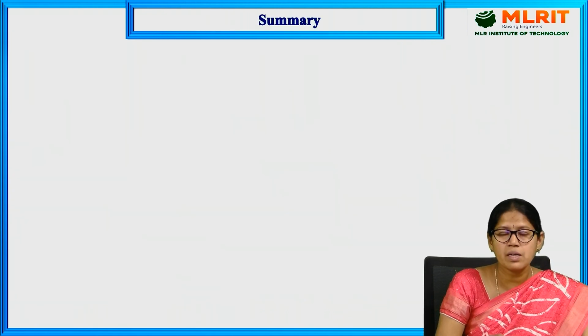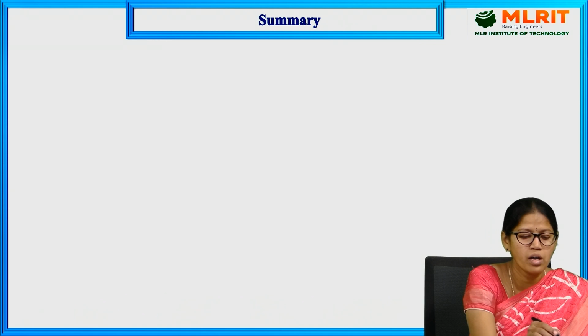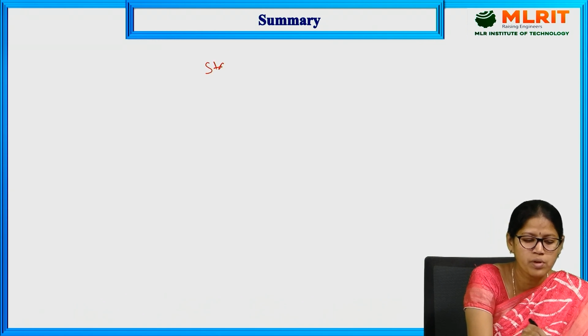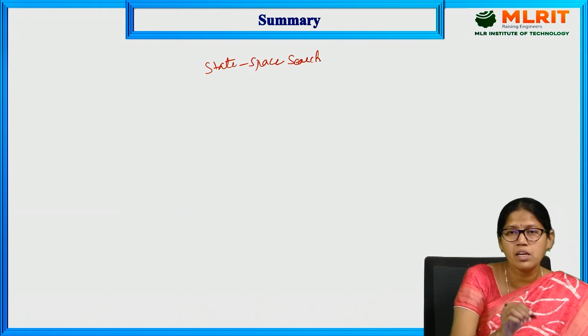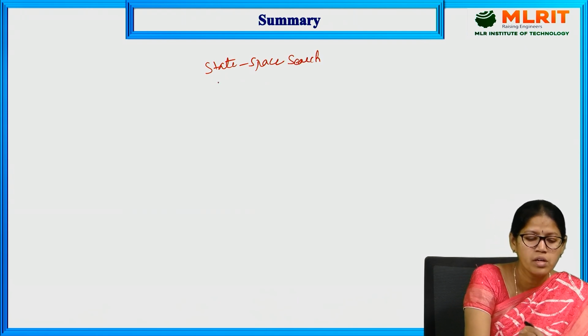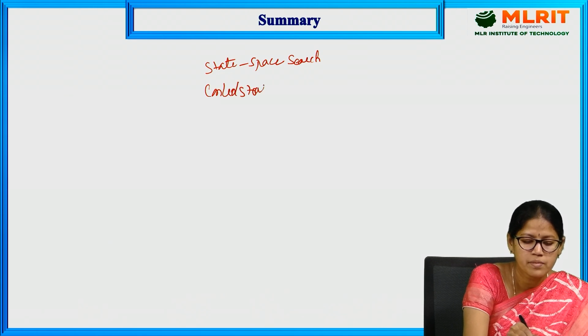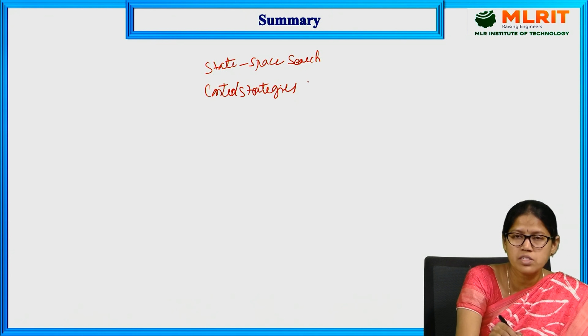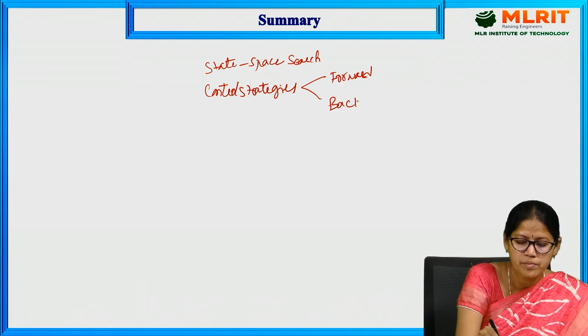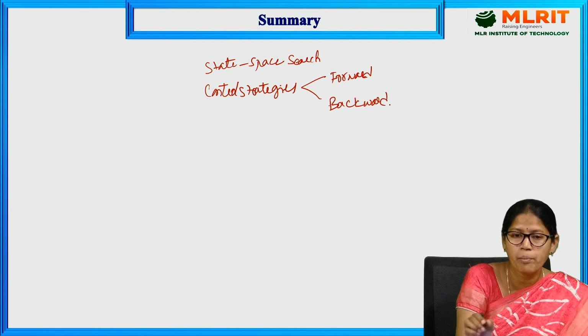So let's see the summary of today's session. We have already seen state space problem and state space search, and in this we solved the cannibals and missionaries problem. Next, control strategies: forward chaining or backward chaining.